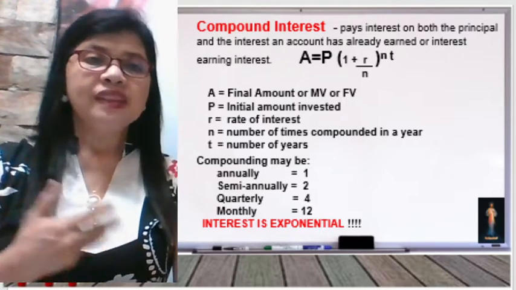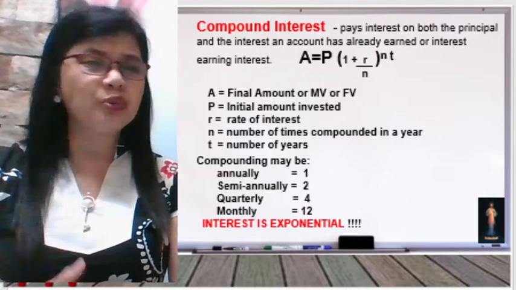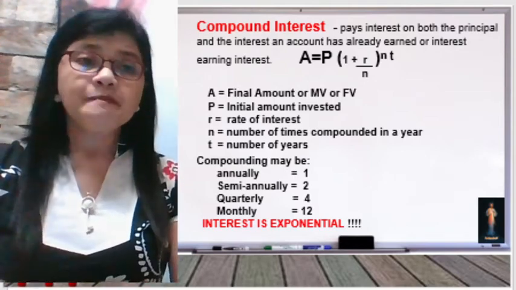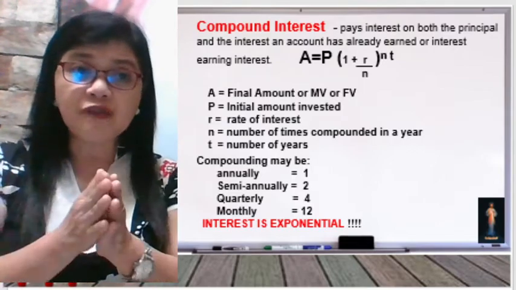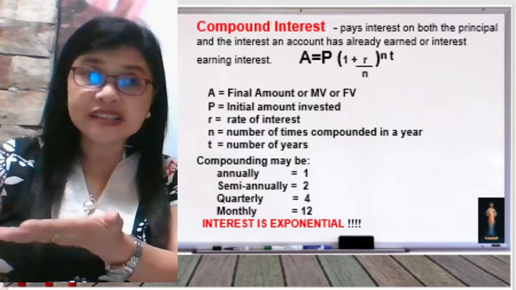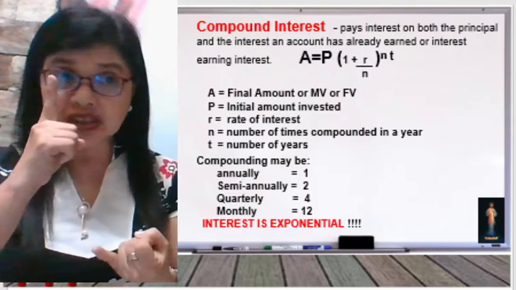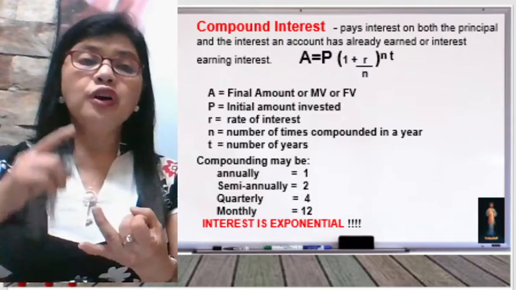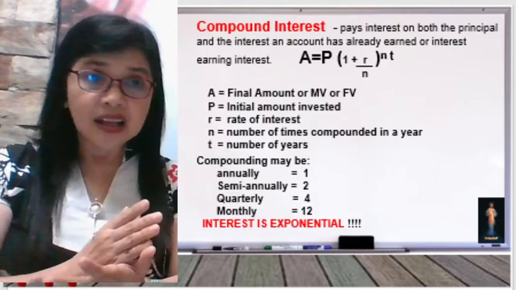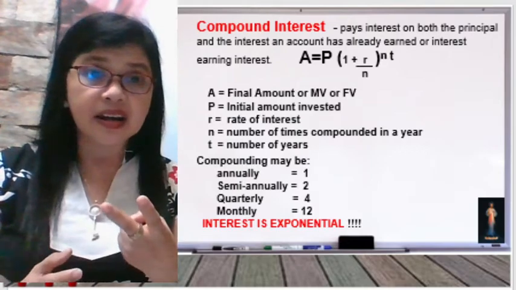So, next we have the n, the number of times compounded in a year. What do you mean by number of times compounded in a year? Meaning the interest could be divided several times in a year. First is annually, you receive interest once a year. Or semi-annually, you divide the interest by 2, so you earn interest 2 times a year.